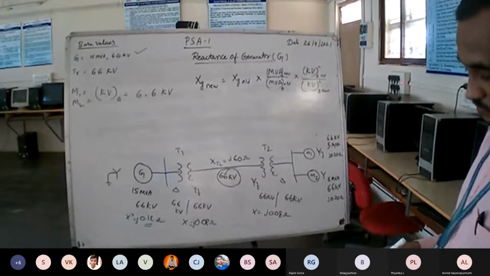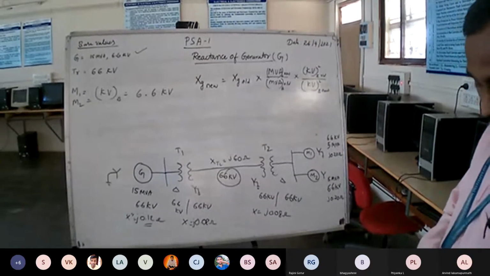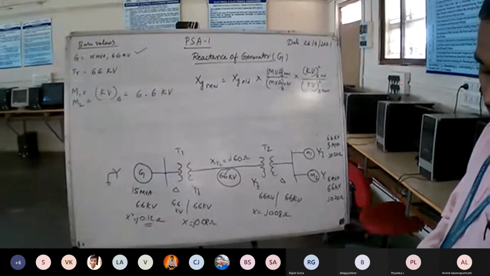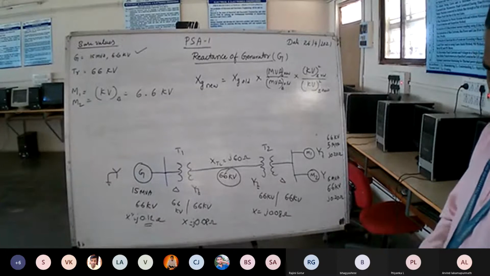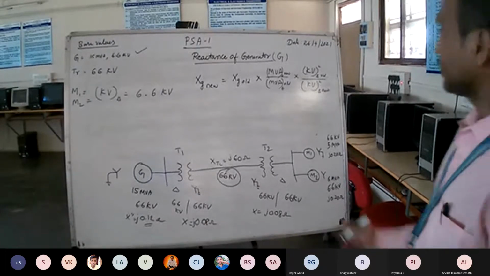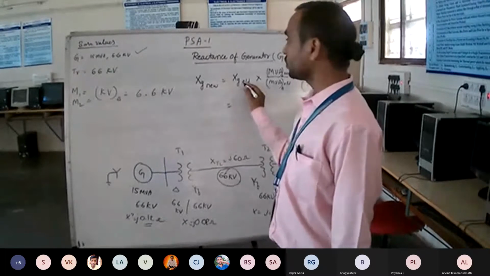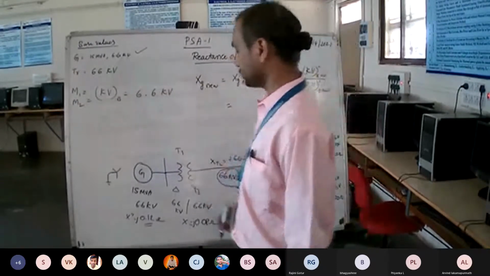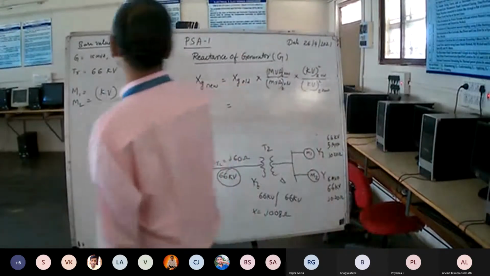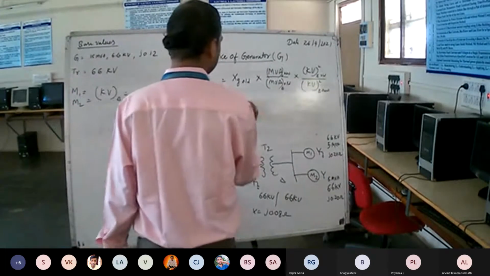Calculate Xg new. We write the reactance diagram in terms of J, in per unit. What is Xg new? Xg old of the generator is J 0.12.